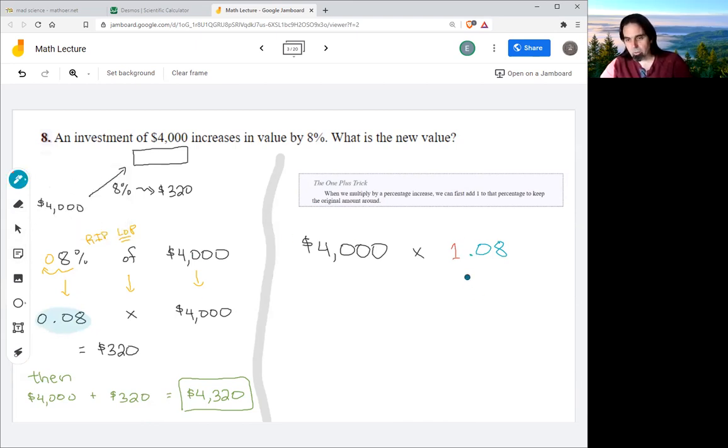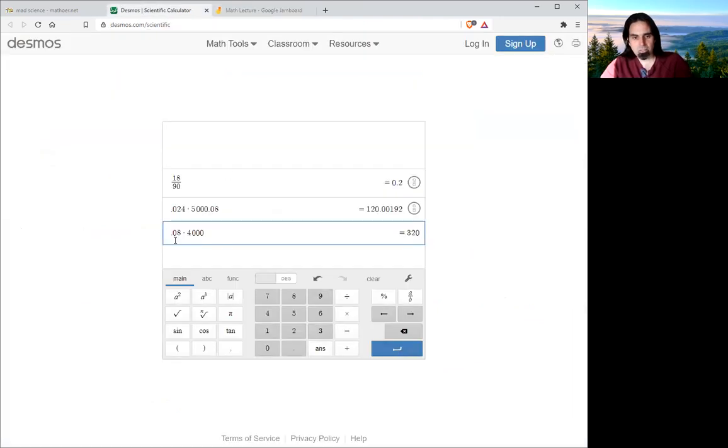The 0.08 part is our 8% increase. And the 1 is from a times 1, so the 4,000 doesn't go away. If I did that, 4,000 times 1.08, then I get my answer right away.